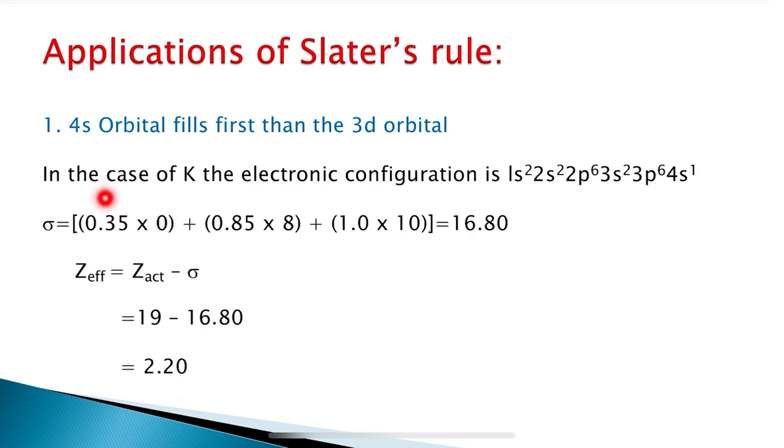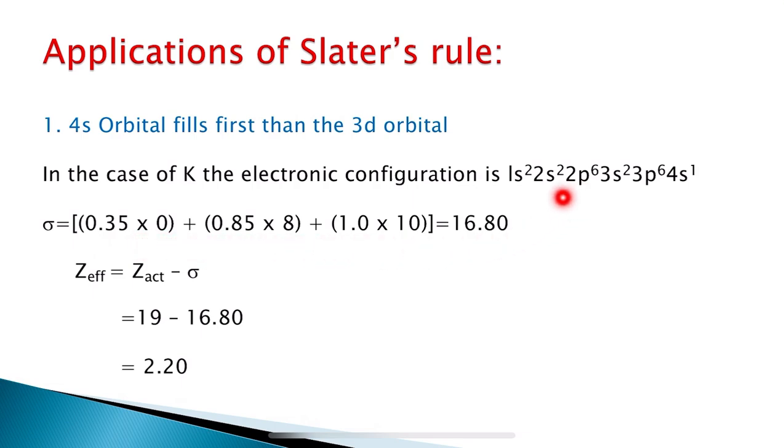Suppose in the case of potassium, the electronic configuration is 1s2, 2s2, 2p6, 3s2, 3p6, 4s1. To calculate the screening constant, since we have only one electron in the outermost shell, we will not find any other electrons there. So for the nth shell, we have 0.35 into 0.